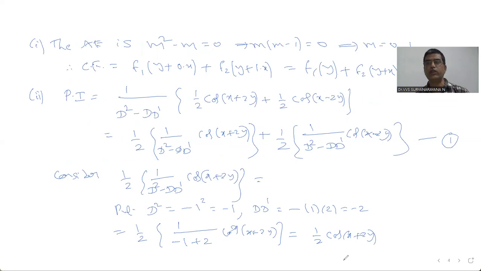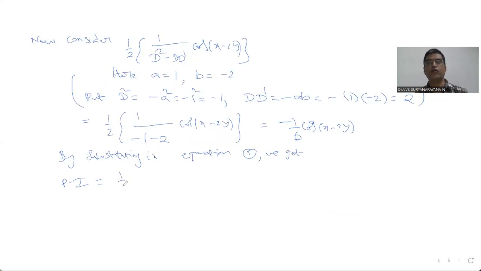The value of the first one is half of cos(x plus 2y), and the value of the second one is minus 1 by 6 of cos(x minus 2y). So the sum of those two will be our particular integral. So half of cos(x plus 2y), and the second part is minus 1 by 6 of cos(x minus 2y). So this is the particular integral.